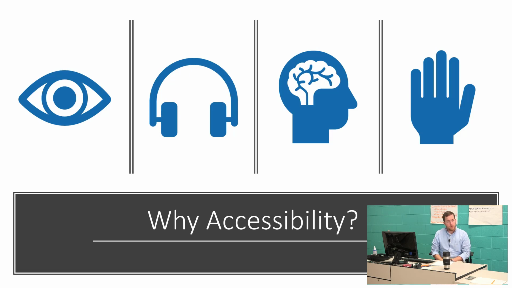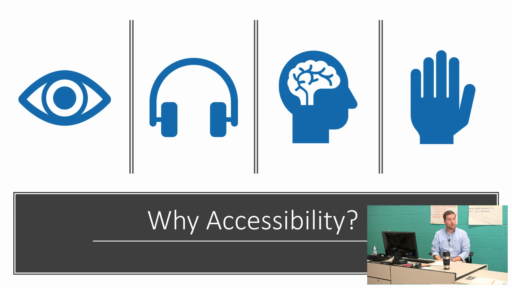Most of the time people just focus on the vision and the hearing part in terms of why we need to make things accessible, and both of those are definitely factors that need to be considered. When you're talking about visual impairments, a student may not be able to tell one color from another. They may need enlarged text.